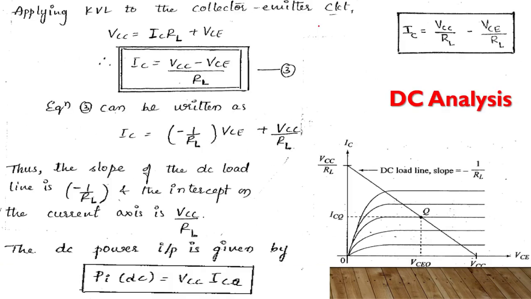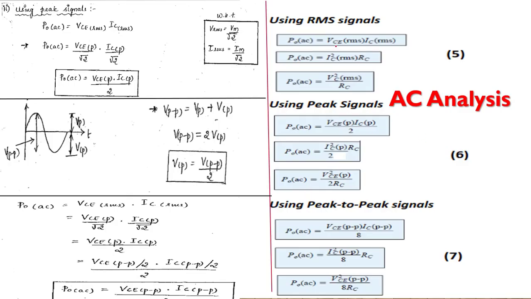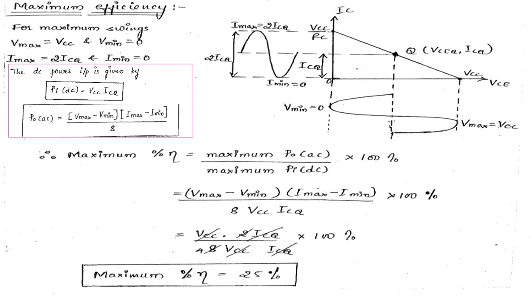In this we find PIDC, which is VCC into ICQ. Then the AC analysis is VC RMS into IC RMS. If you know this one circuit, everything originates from it, simply converted into other forms. Then the efficiency is PO AC by PIDC. Just divide the answers we already have. If you take the maximum point, you will get 25%.